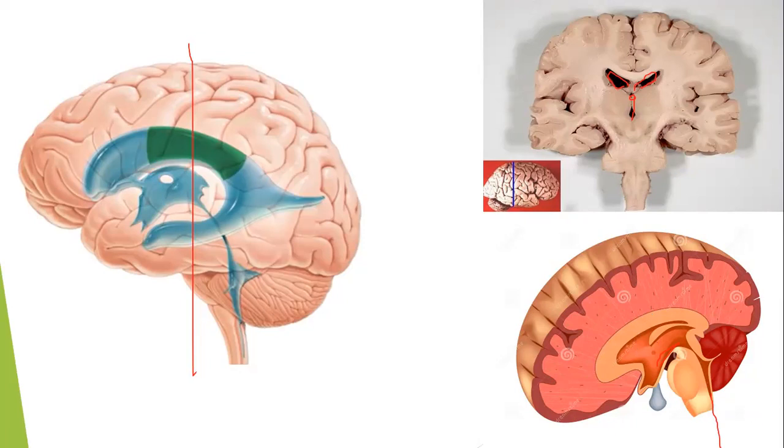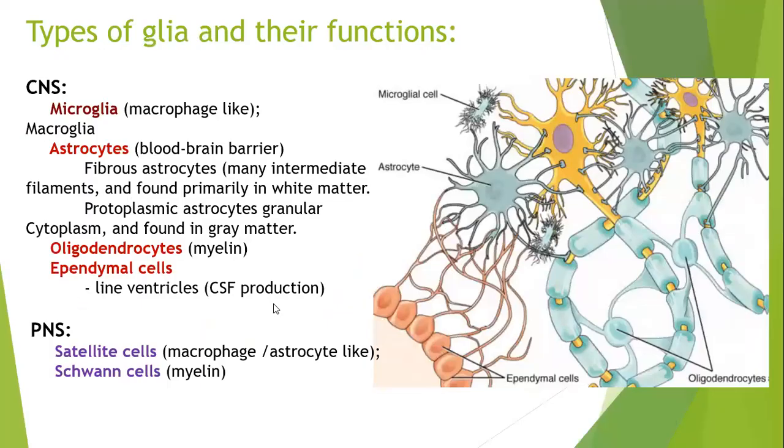So now we have already categorized the anatomy of the ventricles, and you have said that you have that specialized area that synthesizes the CSF. So let me go back to the previous diagram, which is discussing the ependymal cells. The ependymal cells are the ones which line the ventricles. So the walls forming the ventricles, and of course the spinal canal, are lined by these specialized cells which are called ependymal cells.